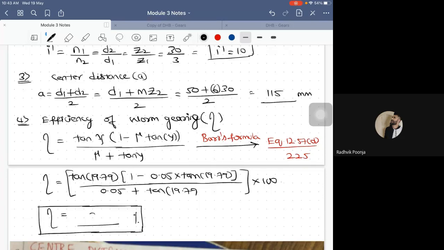Correct value, 86%. Okay. Everyone got the same value?